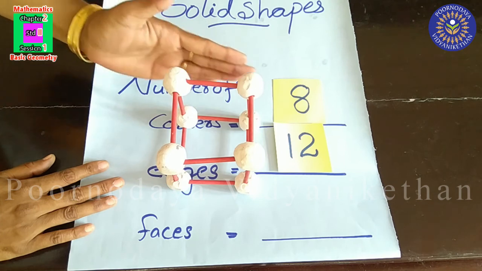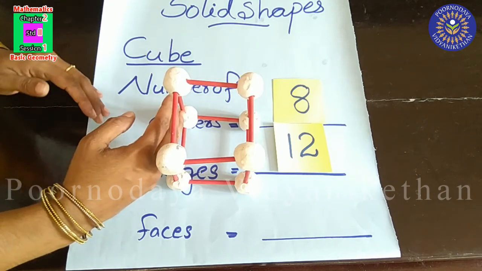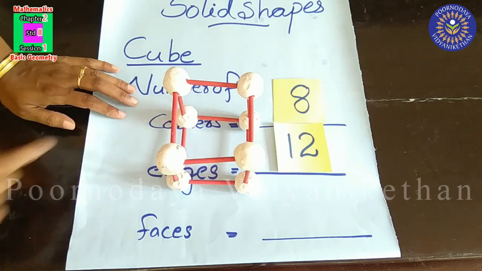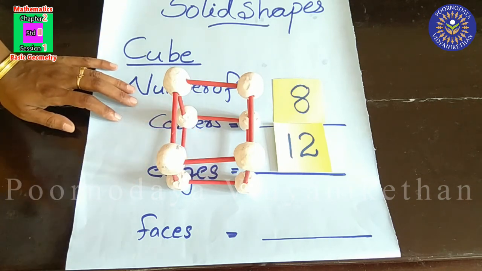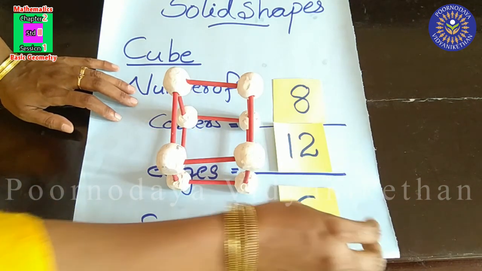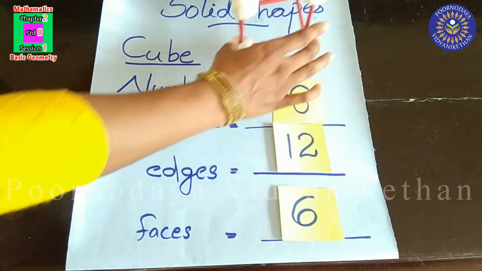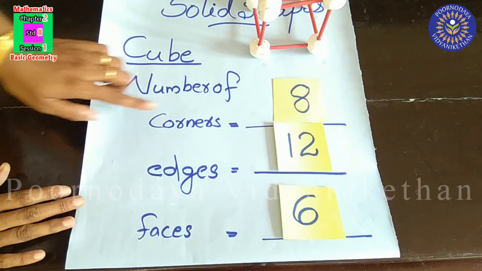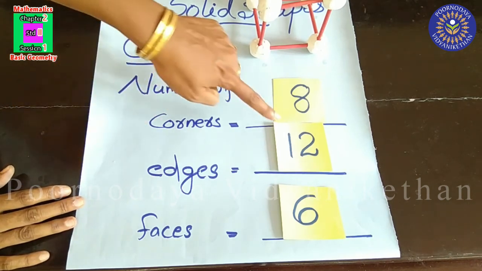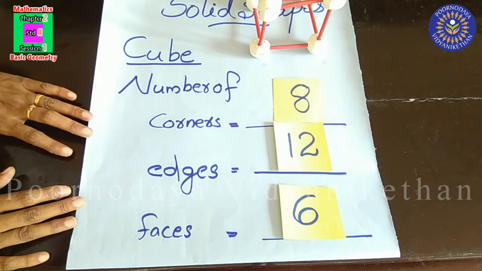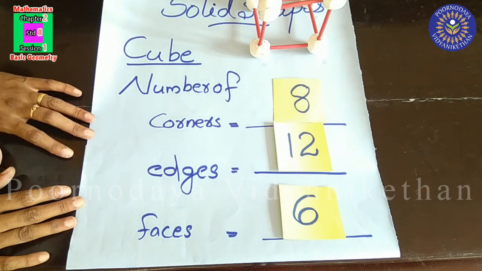So, number of faces 6. That you have to write like this. So, what did we get? A cube has 8 corners, 12 edges, 6 faces. Clear?